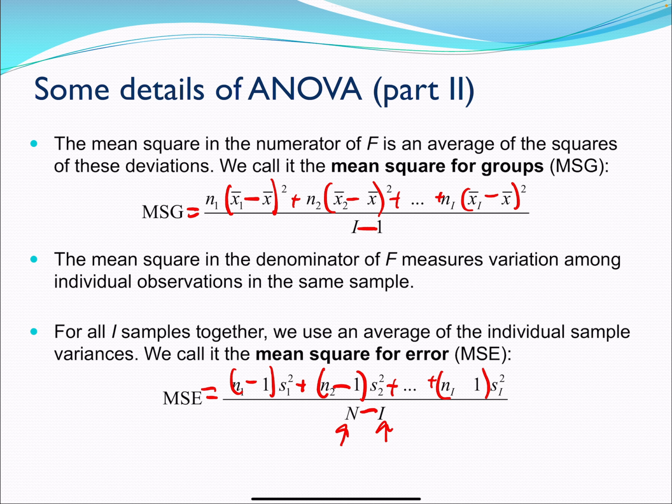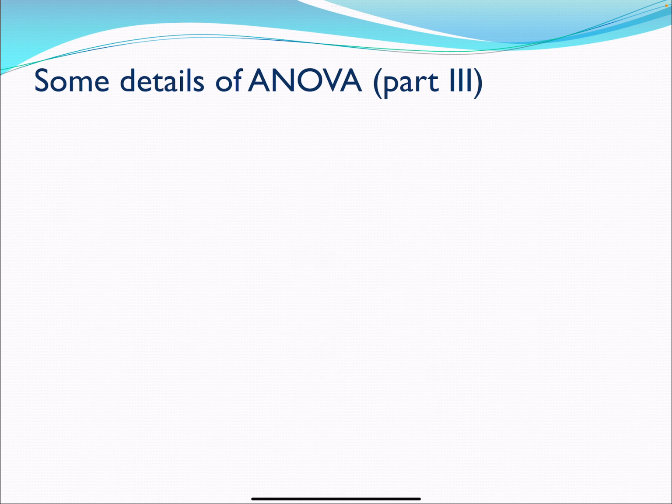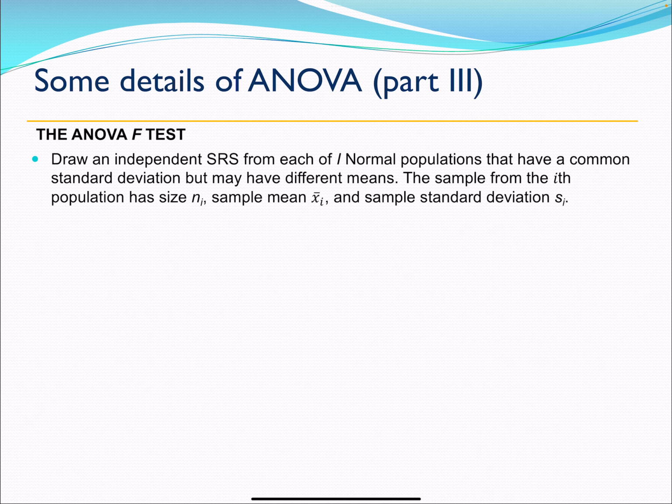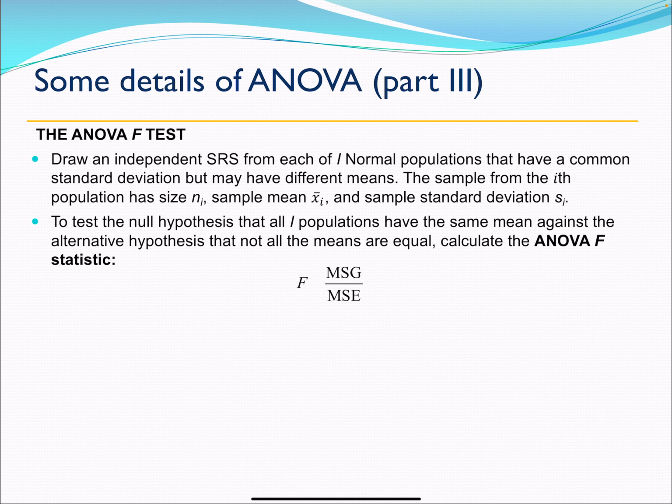So we're subtracting those two. So the ANOVA F test is to test that all have the same mean, and F is actually the MSG, the mean square for groups, over the mean square for error, right?